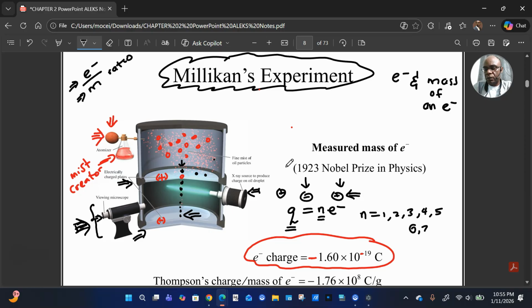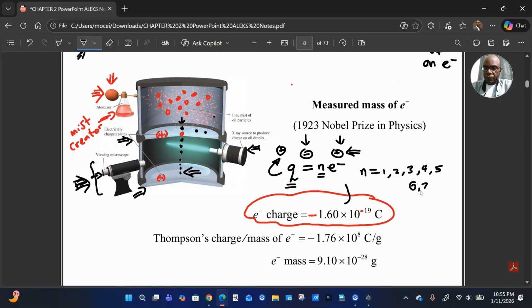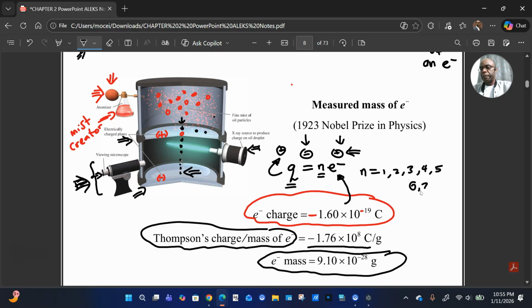So Q, the amount of charge on the oil drops, was always a multiple of E. Using the charge of the electron and Thompson's charge to mass ratio of negative 1.76 times 10 to the power 8, the mass of an electron could be determined. So he did a lot of calculations and adjusted his parameters to find this number. So he was successful to find the charge of an electron and the mass of an electron to be 9.1 times 10 to the power negative 28.